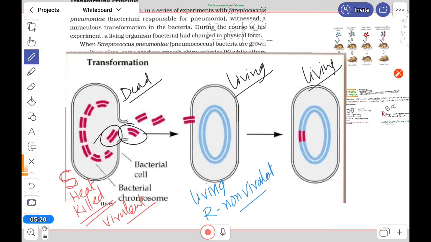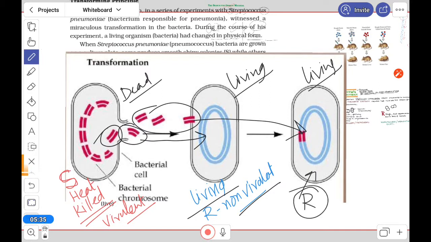This genetic material is taken up by the living, non-virulent bacteria, which will not cause the disease, but now this genetic material is incorporated in the living bacteria. We know that inside the gene all the characteristics are there, so it will carry this virulent character.